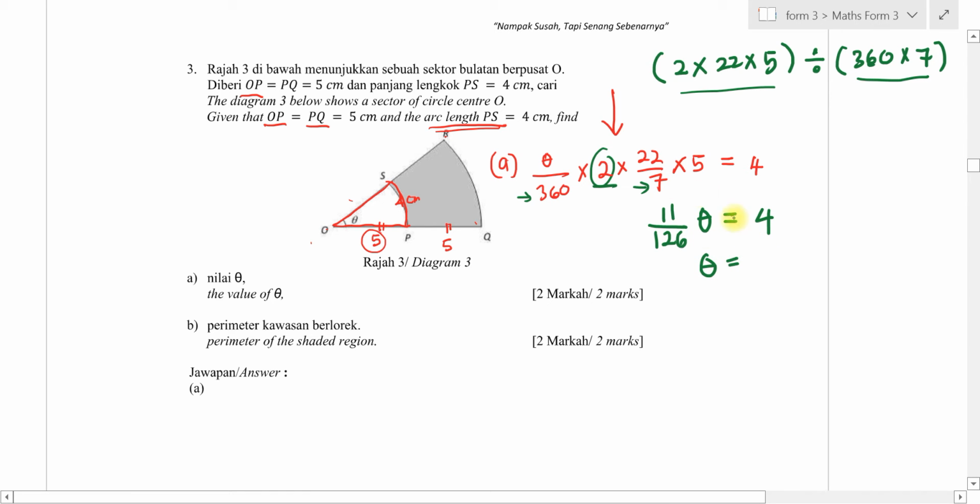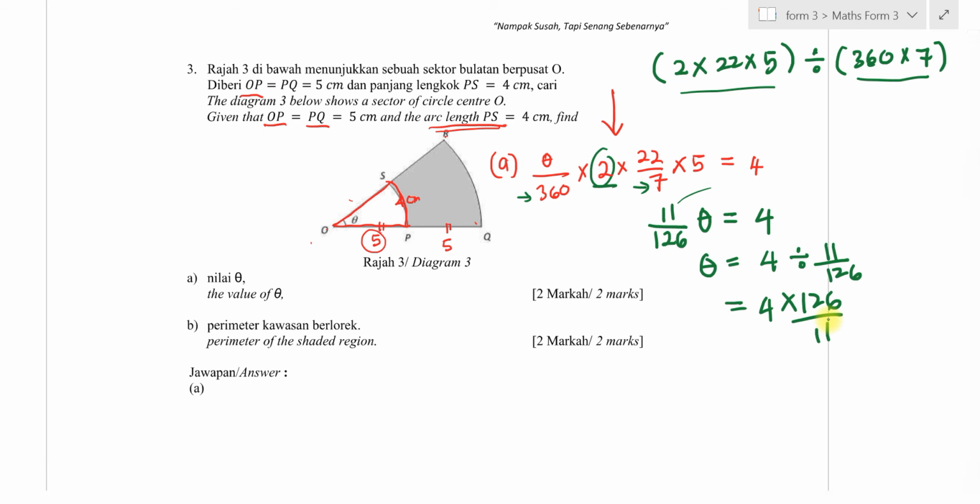Theta is multiplied by 11 over 126. That's why we write beside. So when you go to the opposite side, it is dividing. So 4 times 126 divided by 11. So you're getting how much?